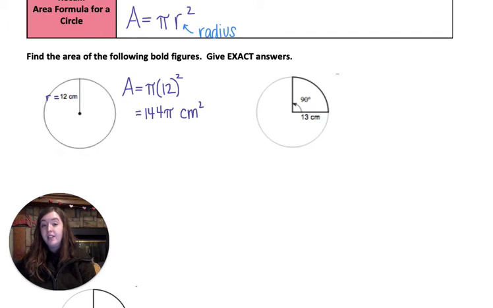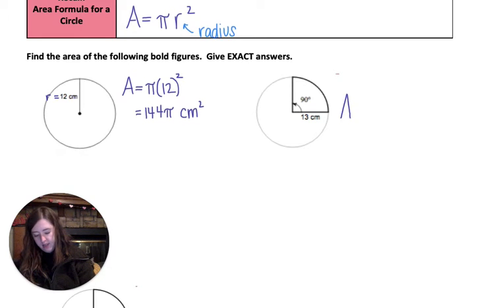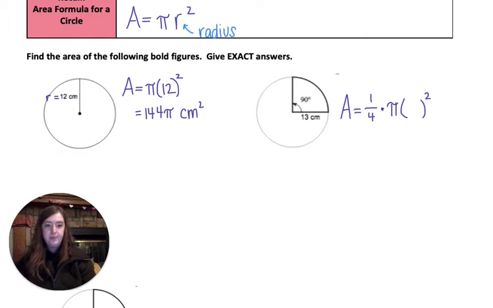But now let's look at this next guy. This time we only have 1/4 of that circle, right? So our area is going to be 1/4 of the area of the circle, pi times the radius squared. So in this case, my radius is 13.